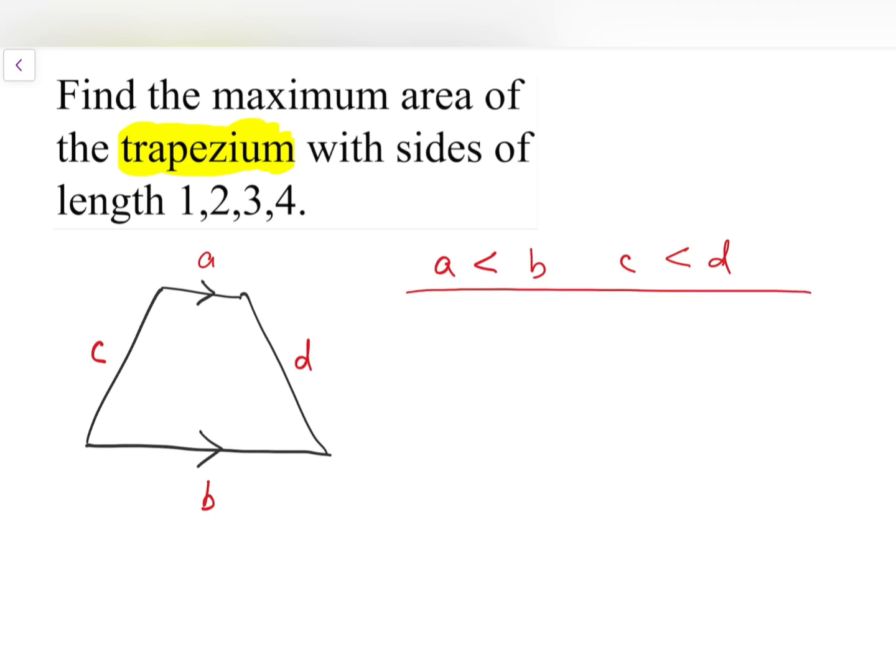A and B can be 1, 2; 1, 3; 1, 4; 2, 3; 2, 4; and 3, 4.